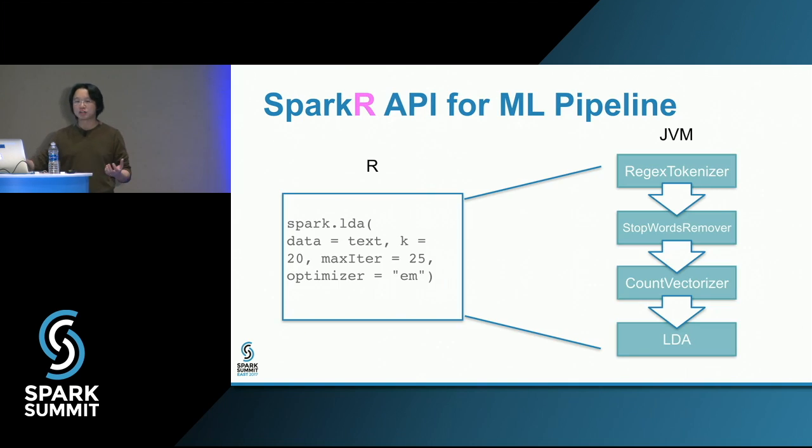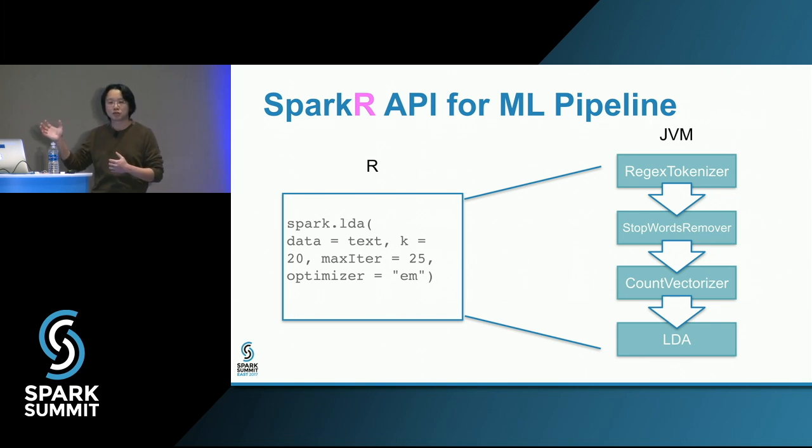So we have the same sort of support in SparkR. We're running a little bit behind, so I'm going to go a little quicker given the technical difficulties. To give you a concrete example, here we have Spark LDA. On the left-hand side, you pass in the text as a parameter and specify k and the number of iterations and so on.